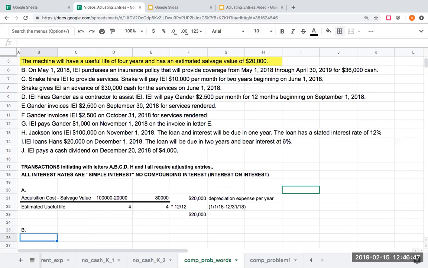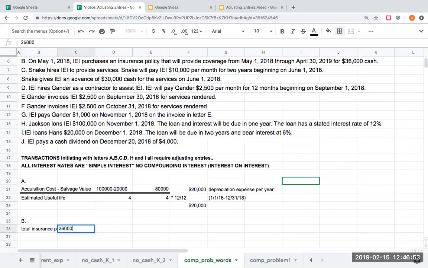So here's what we're going to do. My total insurance policy was $36,000. Months of coverage was 12, because that's what it tells me, May 1st through April 30th. So my insurance expense per month is going to be $3,000.